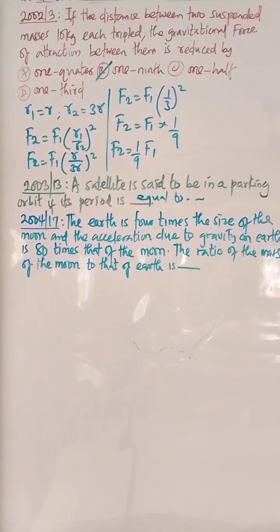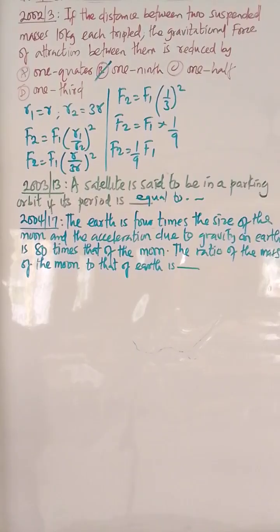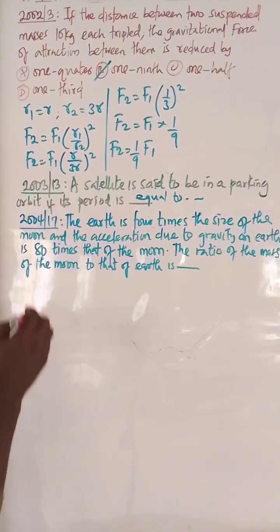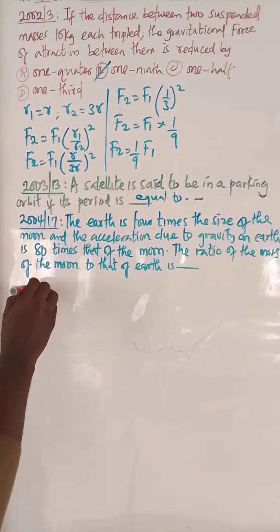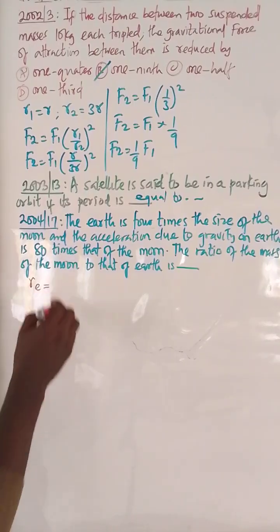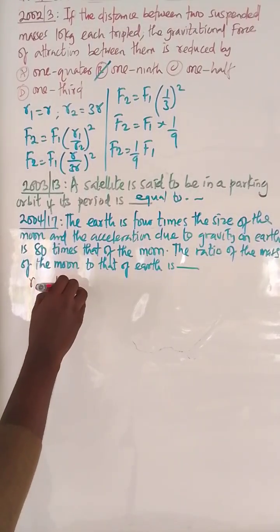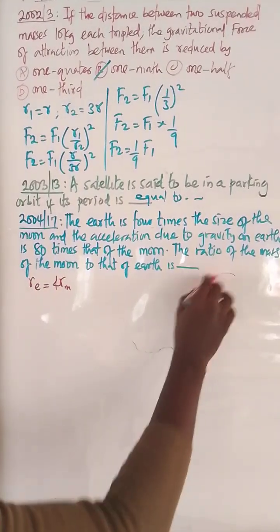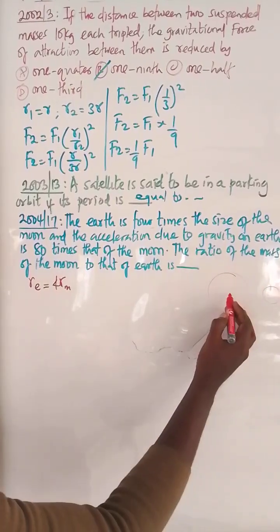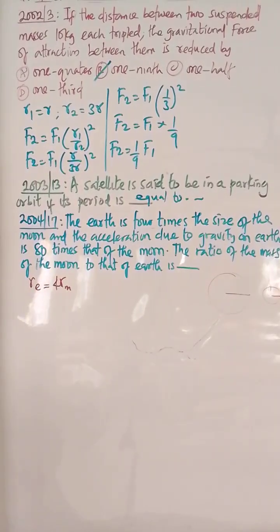Then lastly, the Earth is 4 times the size of the Moon. So size, we're talking about radius. So you can say the radius of Earth, let's call it R Earth, is 4 times R Moon. Let's suppose this Earth and this Moon. So we can use their radius to represent their size.